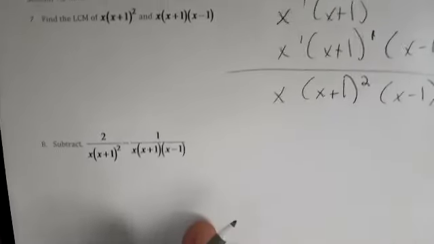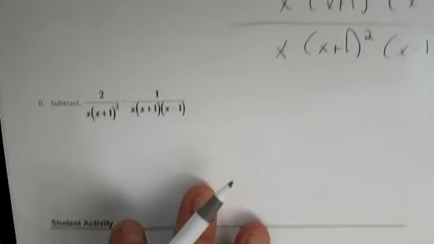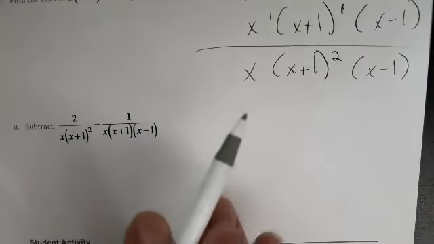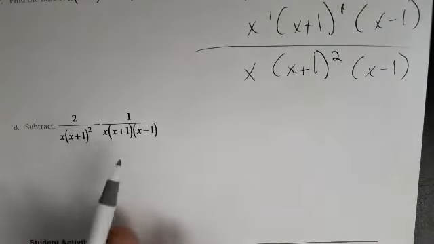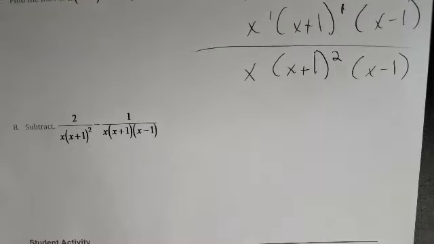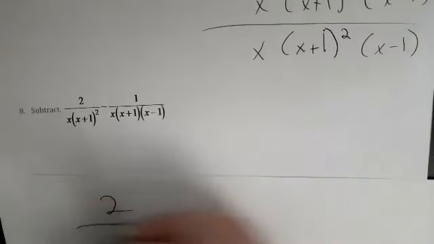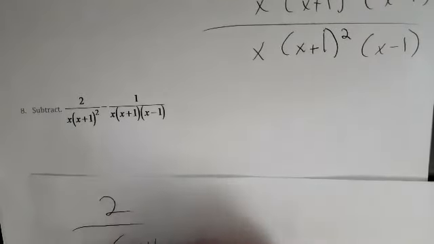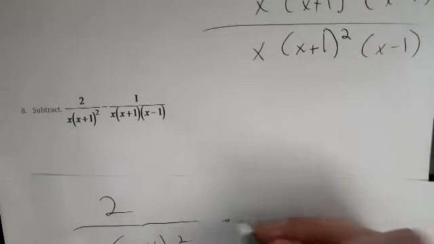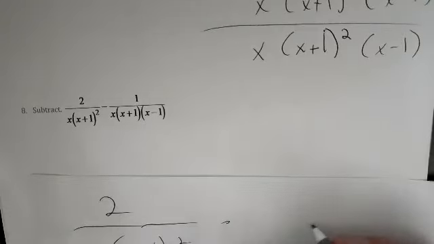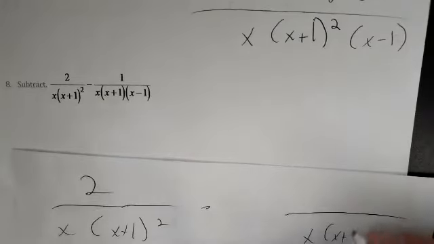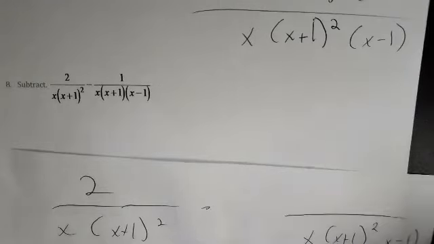So we're looking at this thing. We found our LCM of these crazy things, and now we want to convert them. So 2 over x over x plus 1 squared. You want to end up with x plus 1 squared and then x minus 1.